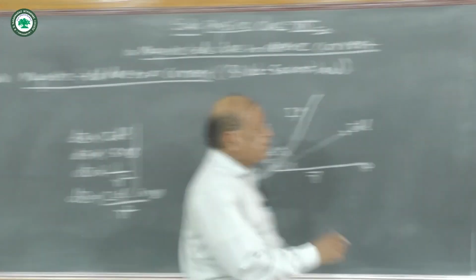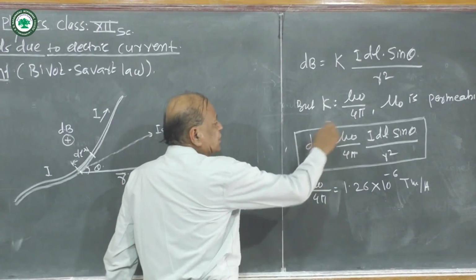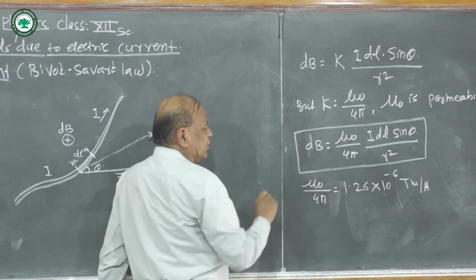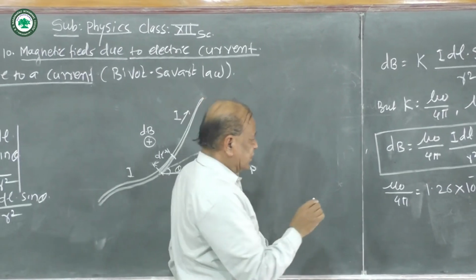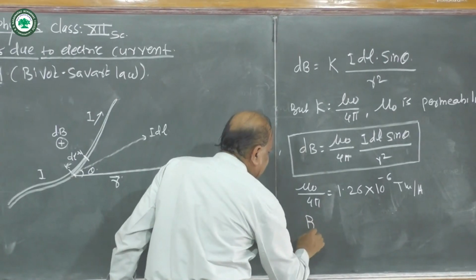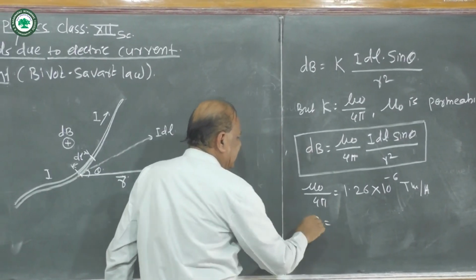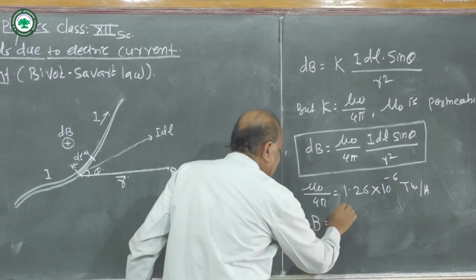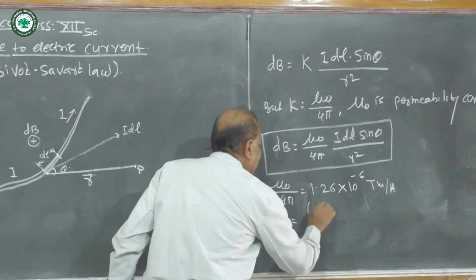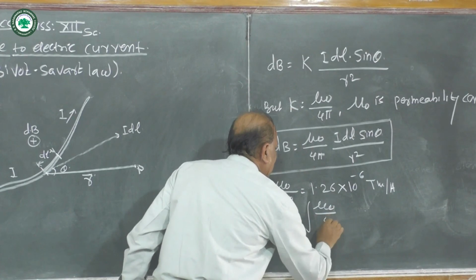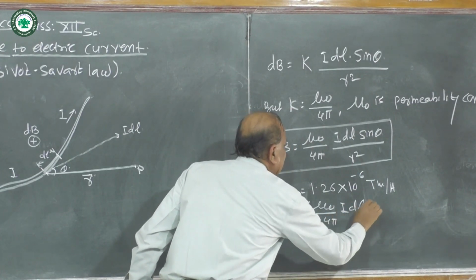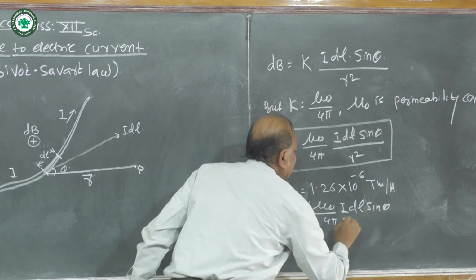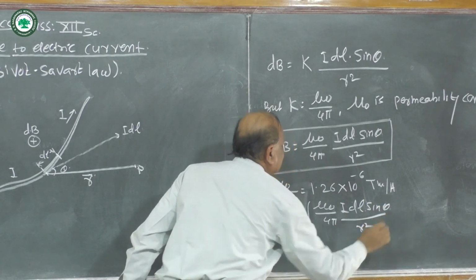We take the integration of this equation to get the total magnetic field B. The magnetic field due to that arbitrary wire is given by the integration of mu 0 upon 4 pi I dl sin theta divided by r square.